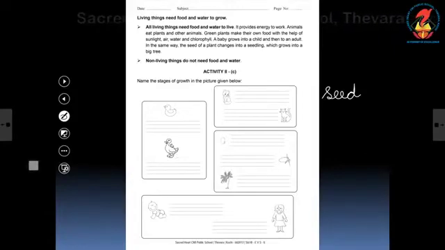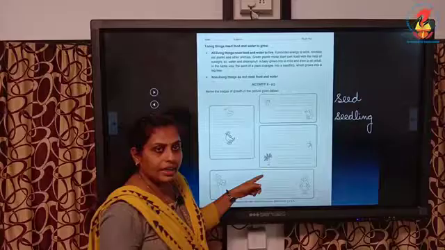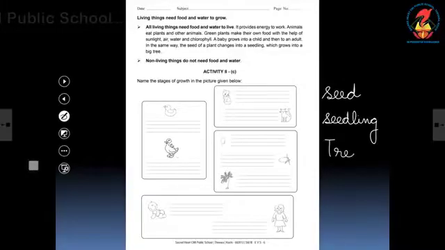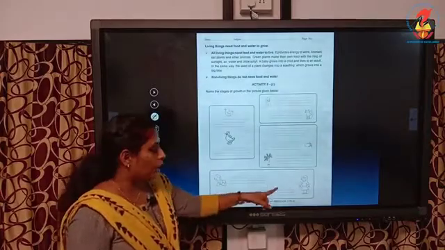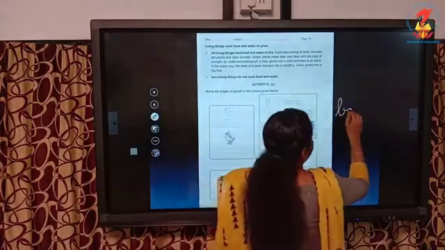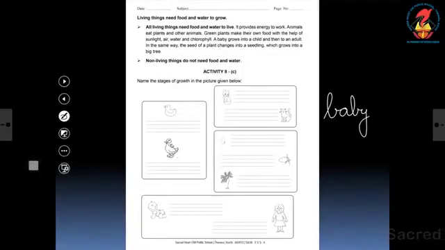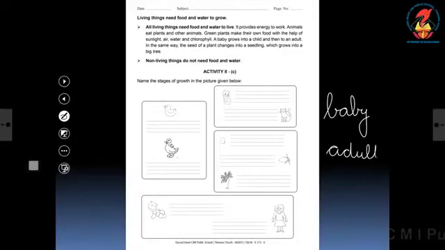Seed sprouts and becomes a seedling, and finally a tree. Next one, the small one of an adult is called a baby, and when they grow up we call it an adult. So this is the worksheet for the topic we have taken just a few minutes back.